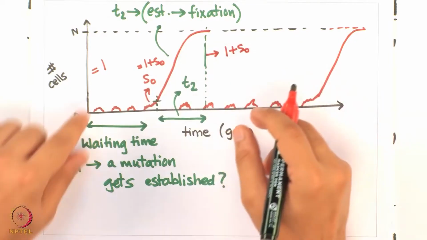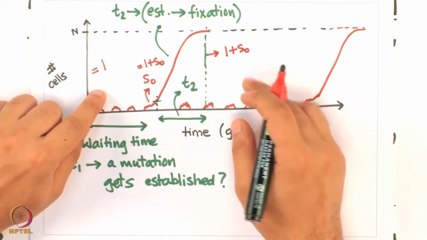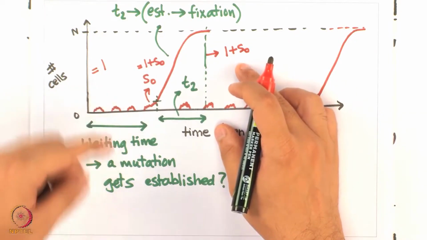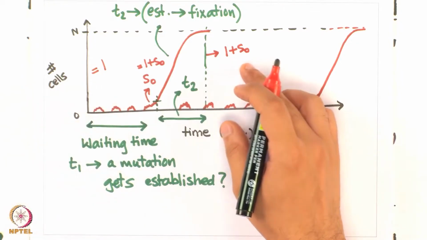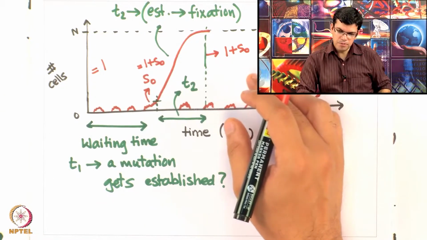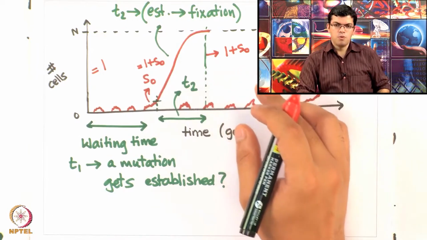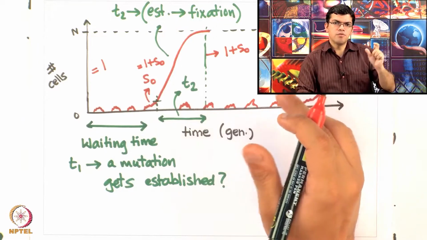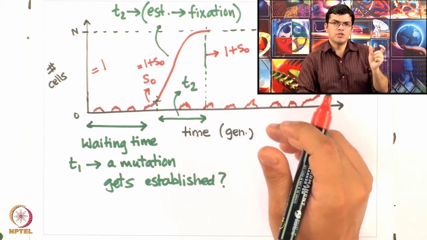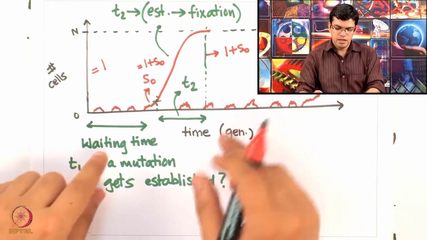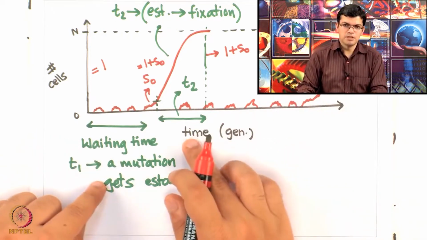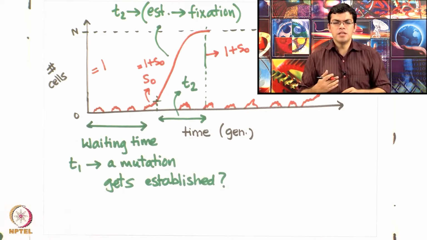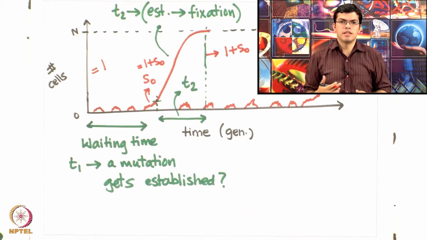Since the fitness of every individual has changed from 1 to 1 plus S0, the mean fitness of the population has increased from 1 to 1 plus S0. That means a change of S0 has taken place in time T1 plus T2, and that gives me the speed of evolution in that sense.